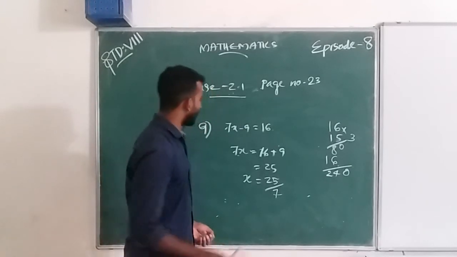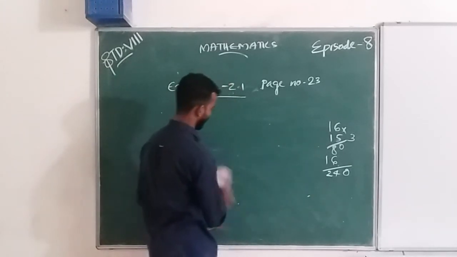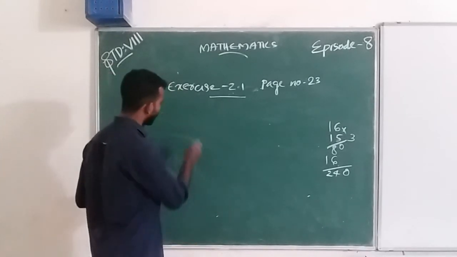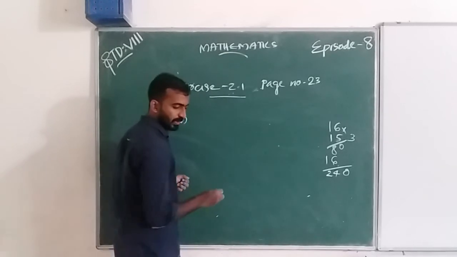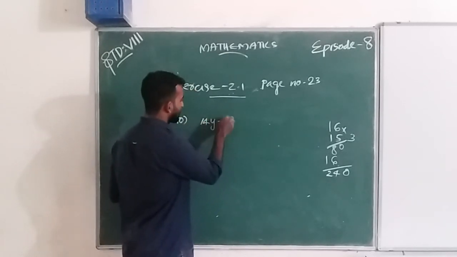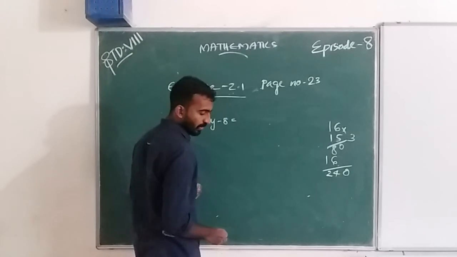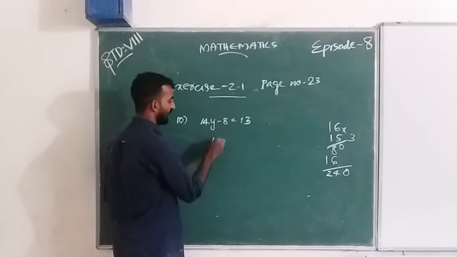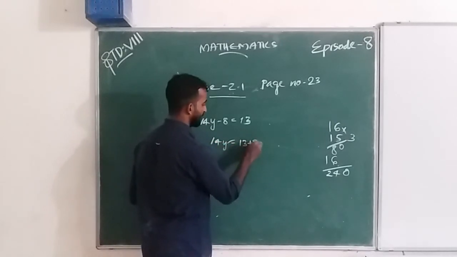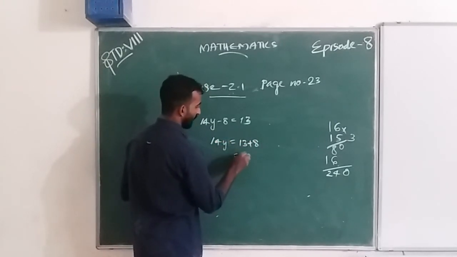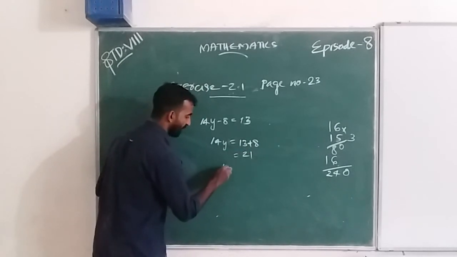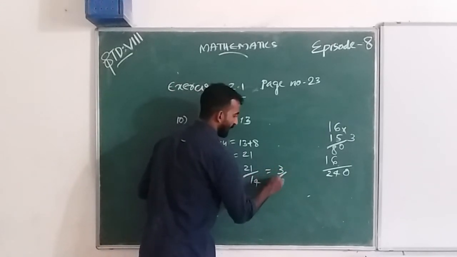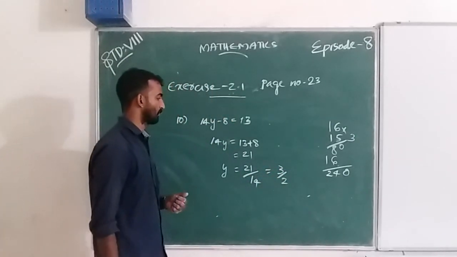And 10th question is 14y minus 8 equal to 13. That is 14y equal to 13 plus 8, 21. And y equal to 21 by 14, that is 3 by 2.